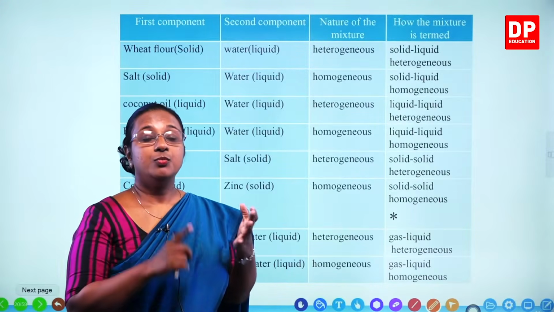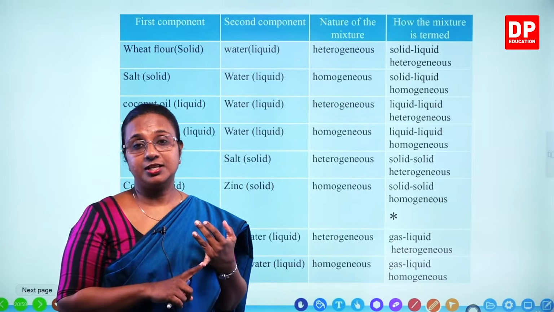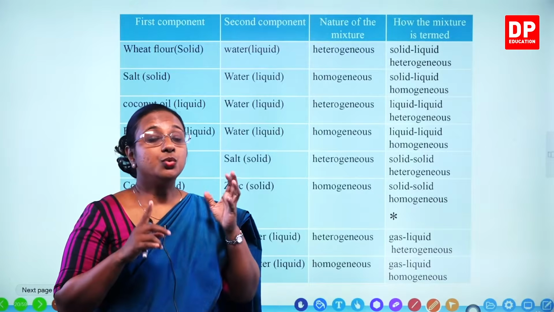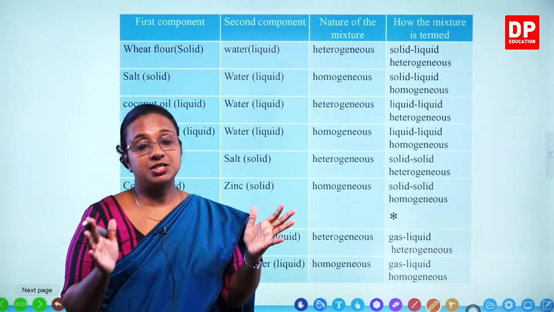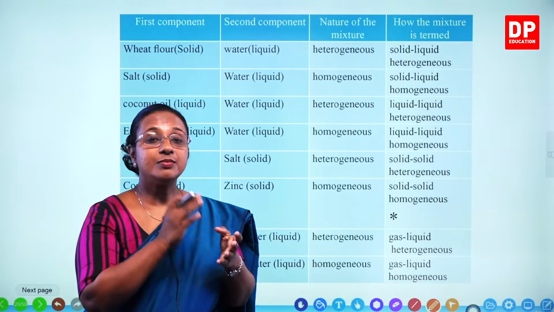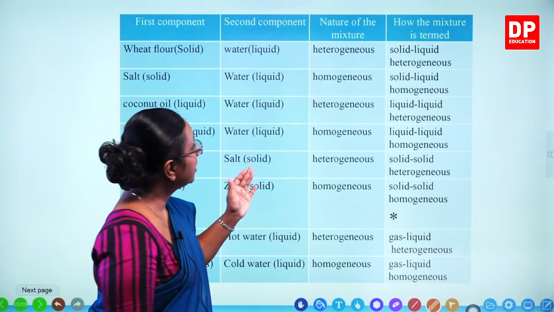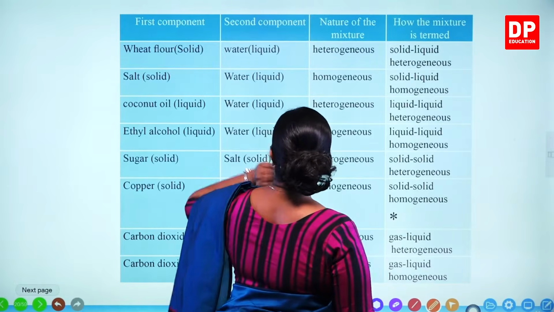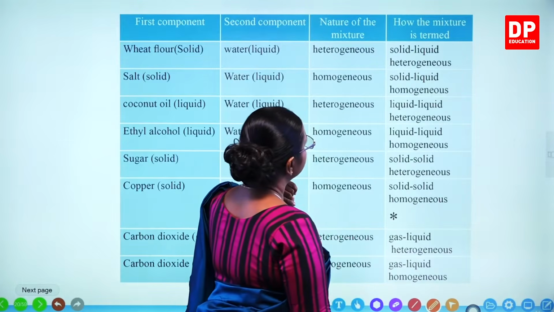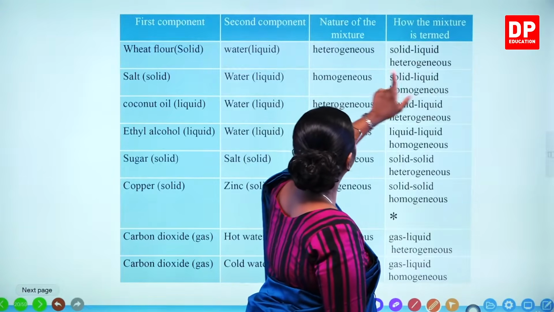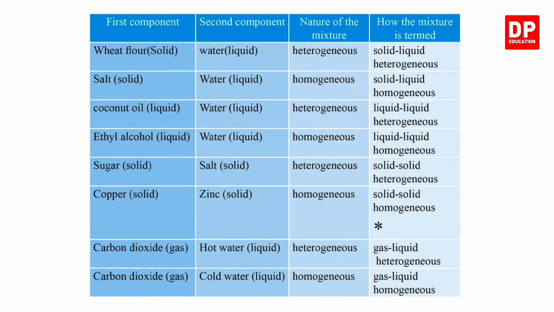Here, wheat flour is a solid, water is a liquid. When we term the mixtures, we start with solid, then liquid and gas. So we term it as solid, liquid, heterogeneous mixture.